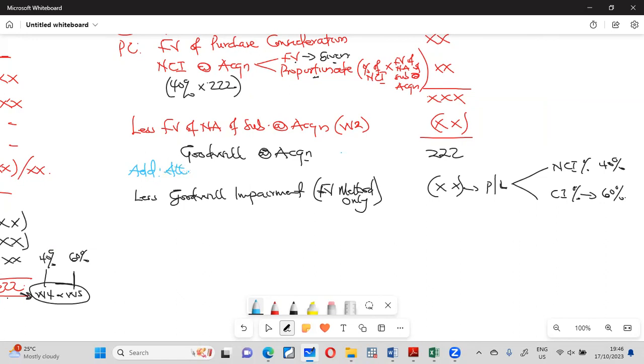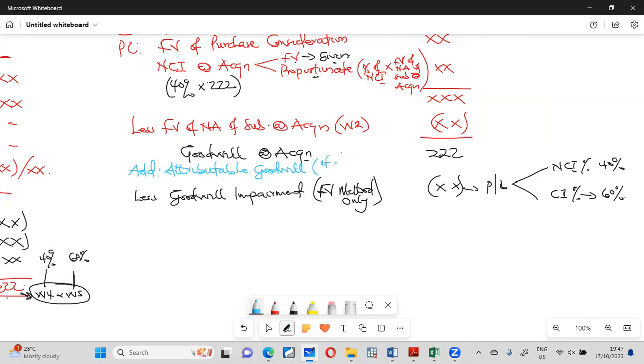So if you have any attributable goodwill for the NCI, you add it. All right, so you add attributable goodwill, and that, I've said, comes via the use of what? The proportionate method.